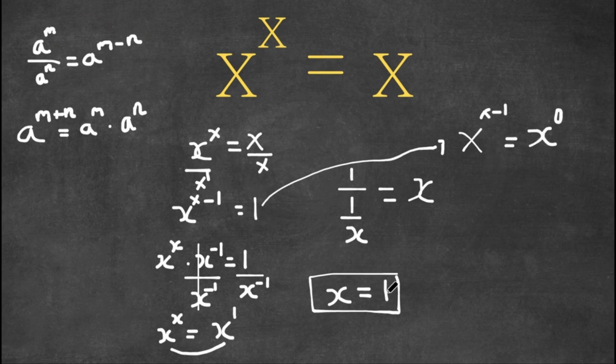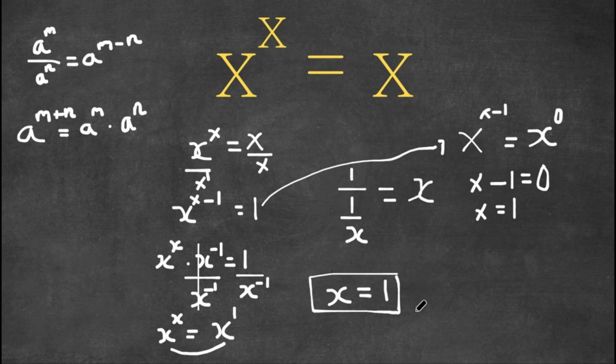Now, we're going to do the same thing as before. We're going to set our exponents equal to each other. So we're going to set x minus 1 equals 0. And if we add 1 on both sides, we get x equals 1. So this is another way of doing it, and we have our solution as x equals 1.